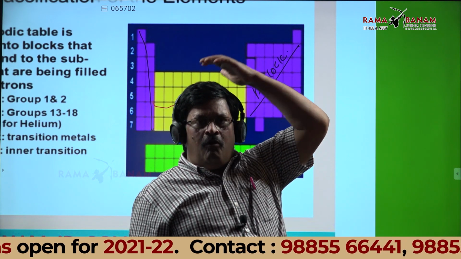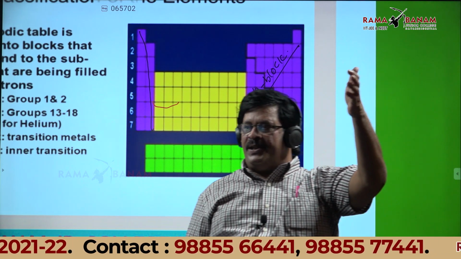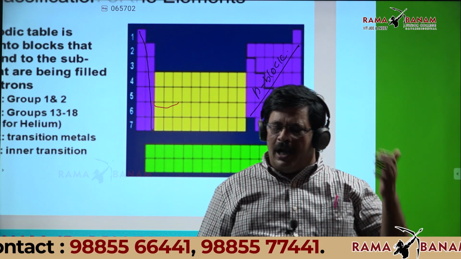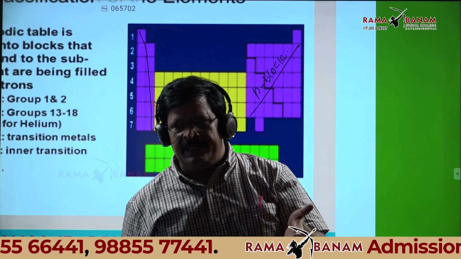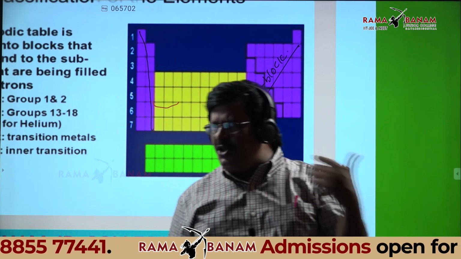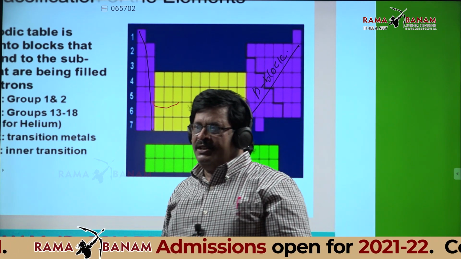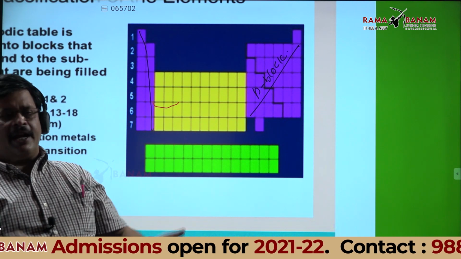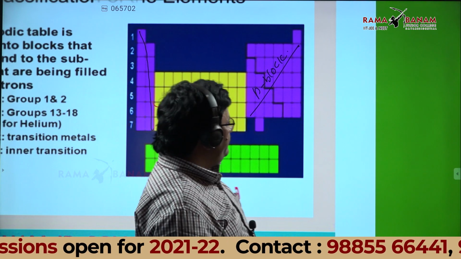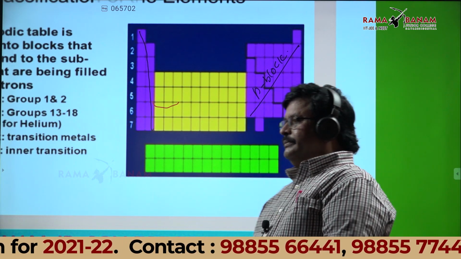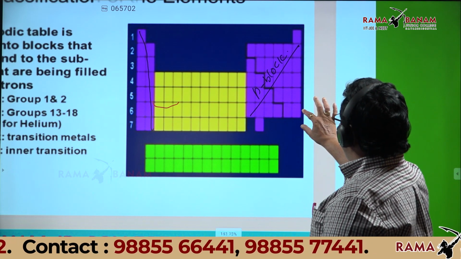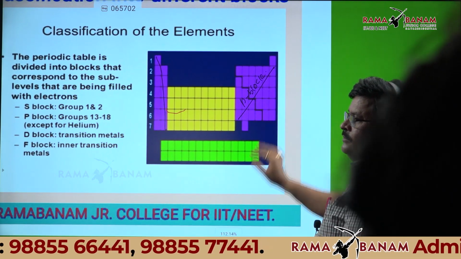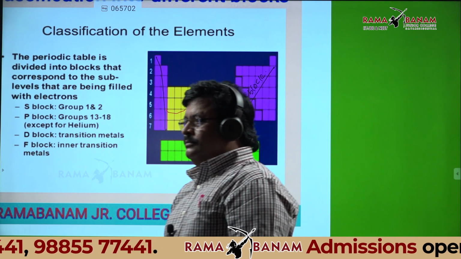And what is in the S block? What we discussed: all S block elements are active metals. Then can you generalize what type of elements are in the P block? All P block elements are non-metals and noble gases.